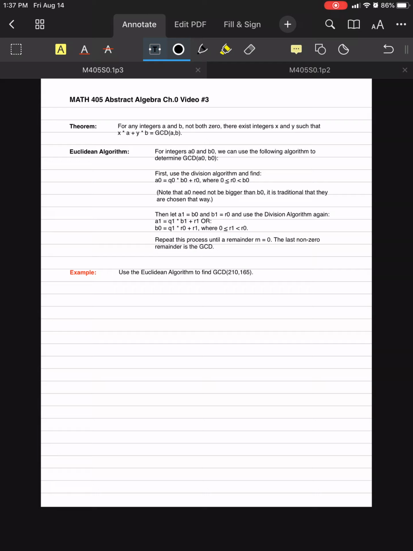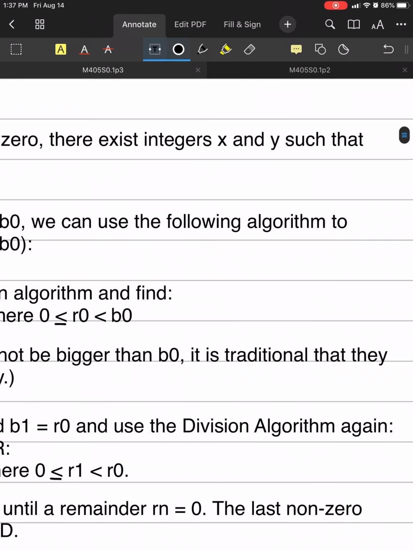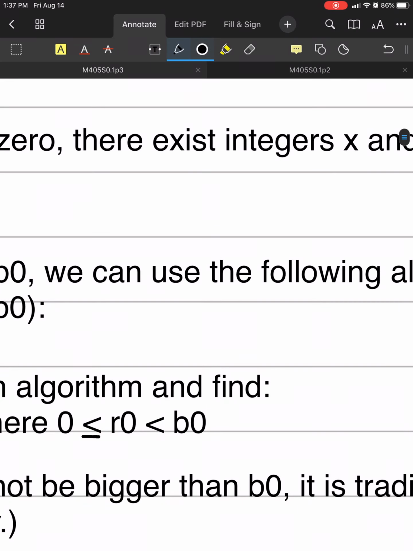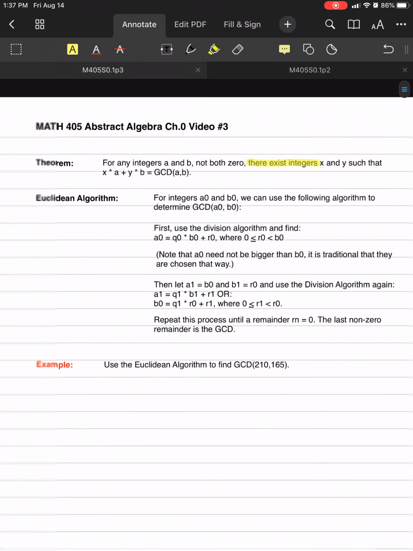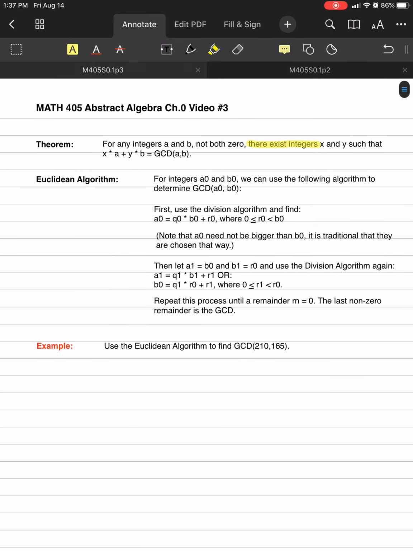GCD. Now you'll notice this is a "there exist." There exist integers x and y. That's not saying that x times a plus y times b for any x and y is going to give you the GCD.